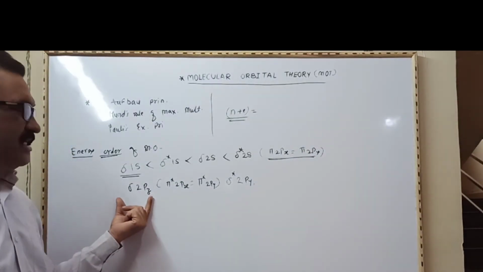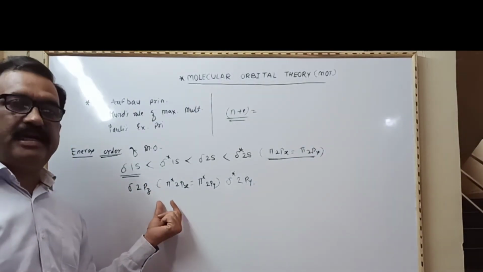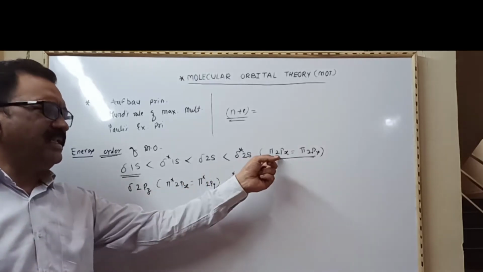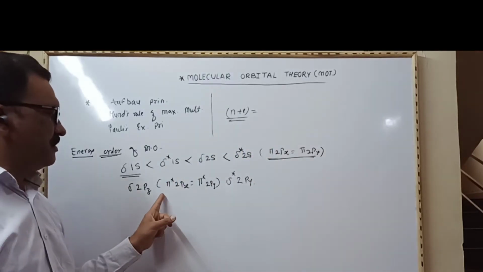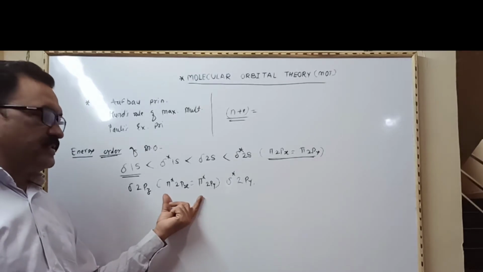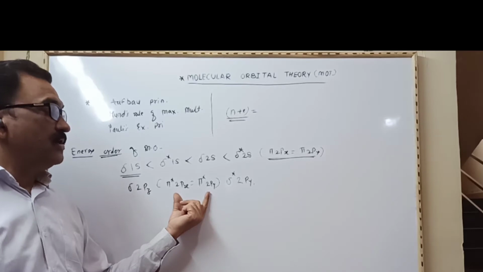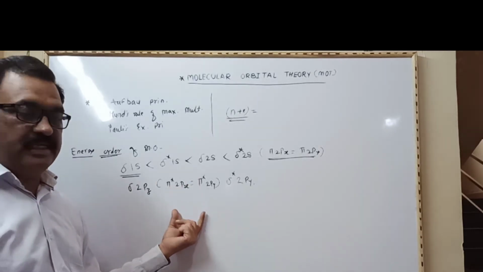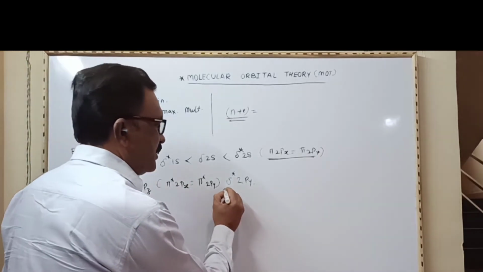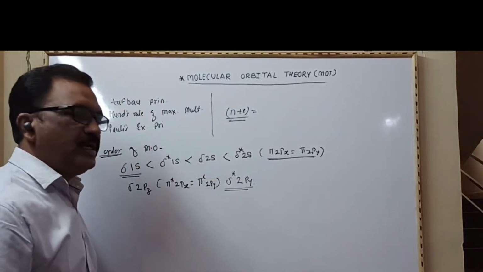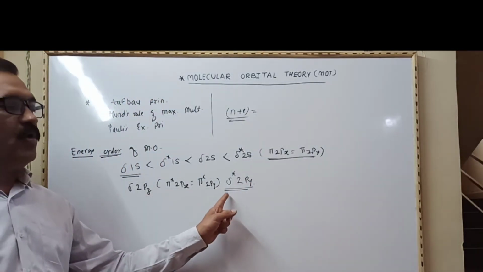Then the energy of the sigma 2pz molecular orbital is greater than this. Sigma star 2px and sigma star 2py have the same energy, and sigma star 2pz has more energy.